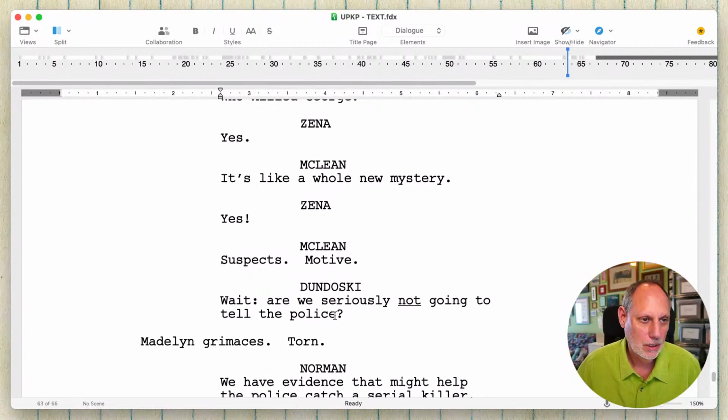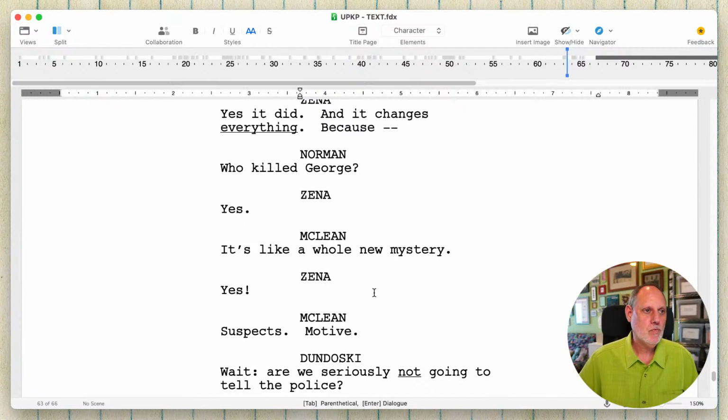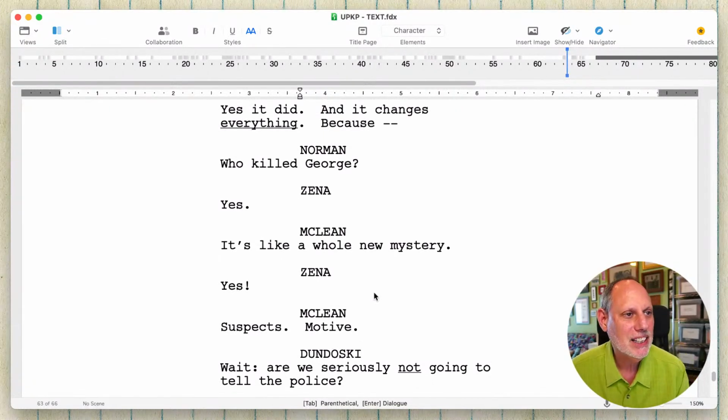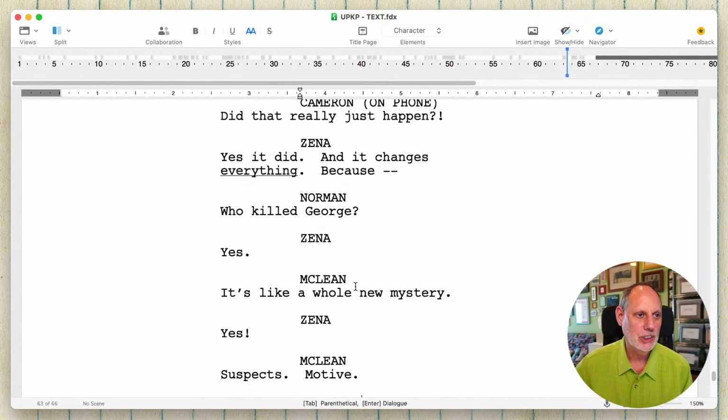Suspects, motive. I'm adding lines, but this is who killed George. Yes, it's like a whole new mystery.